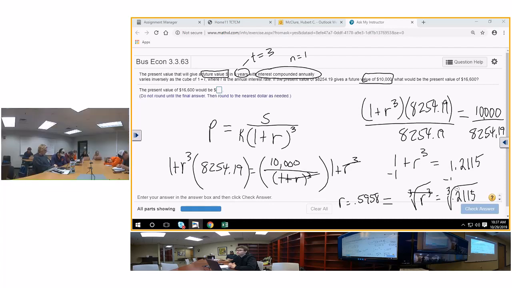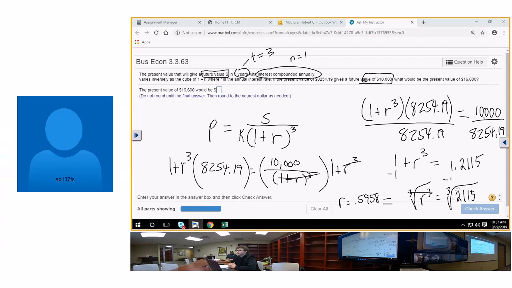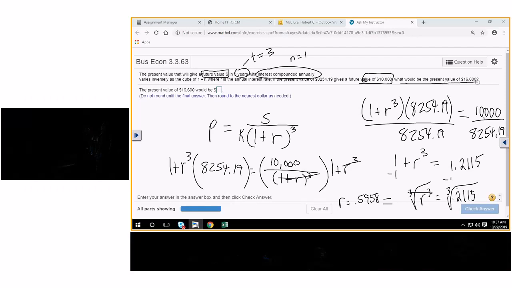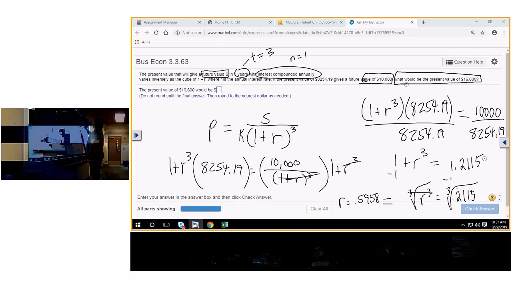The present value would be, okay, now it says, what would be the present value of 16,600? So now you would say present value is equal to the current value, which is 16,600 divided by 1 plus 0.5958, that whole thing raised to the third power.